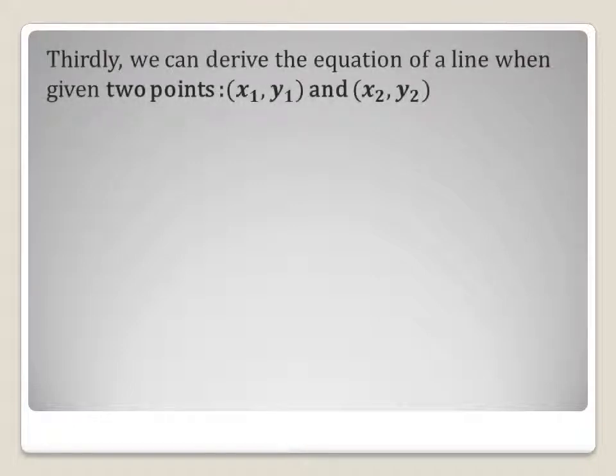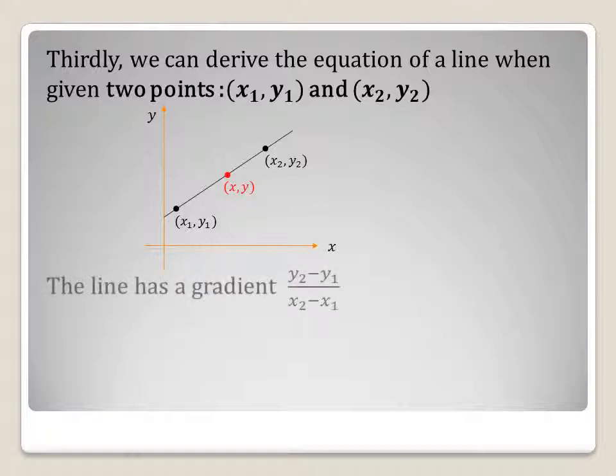Thirdly, we can derive the equation of a line when given 2 points, (x1, y1) and (x2, y2). If we draw a straight line on the xy plane, and we know 2 points, (x1, y1) and (x2, y2), let a point be (x, y) on the line. We know normally that the line has a gradient of (y2 minus y1) over (x2 minus x1).